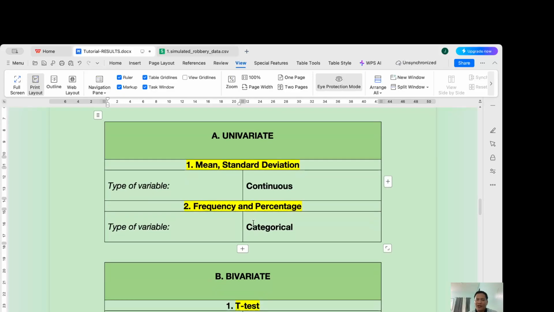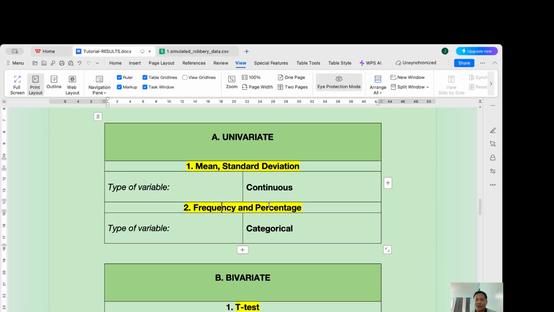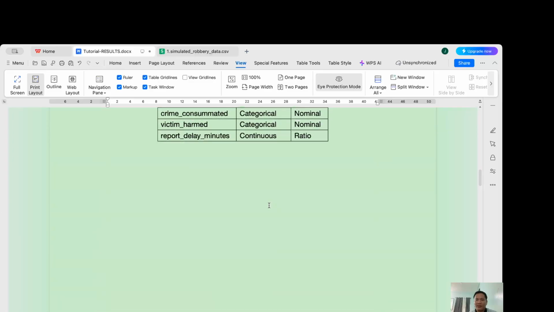How about categorical variables? We cannot derive the mean and standard deviation, and it is improper for us to derive the mean and standard deviation for categorical variables. What we are going to do is to derive frequency and percentage, or count and percentage, depending on the type of software that you are using, because there are different terminologies per software. What are categorical variables?